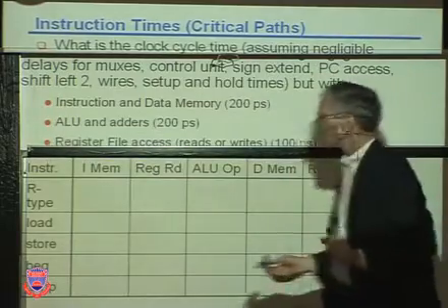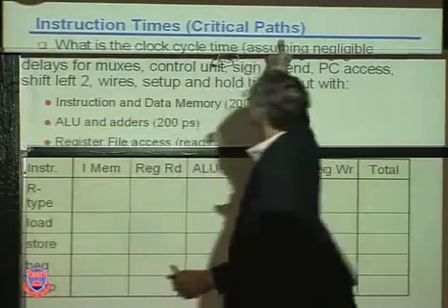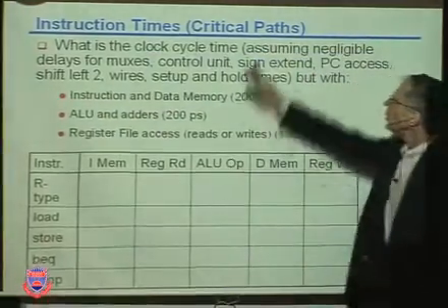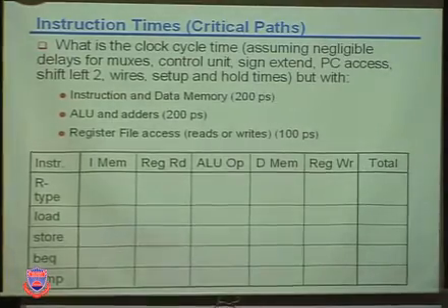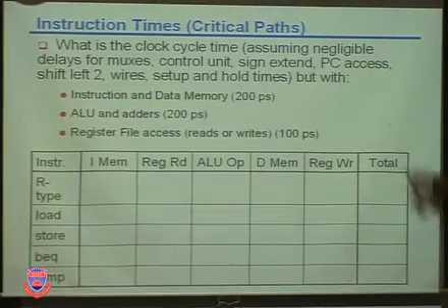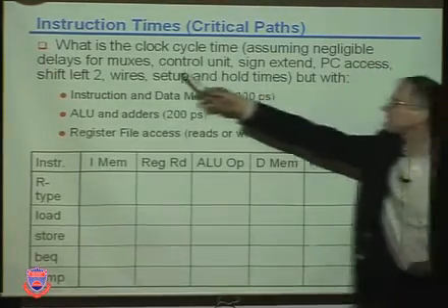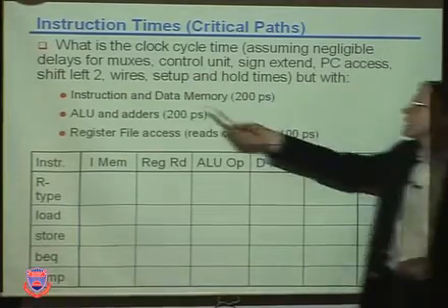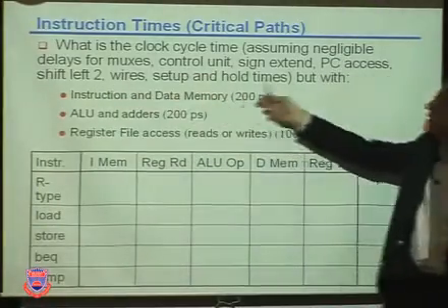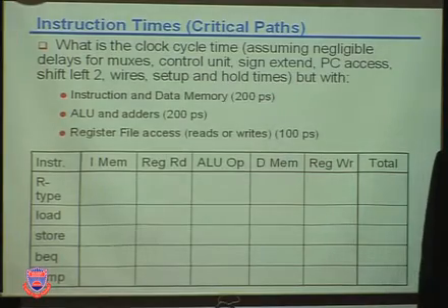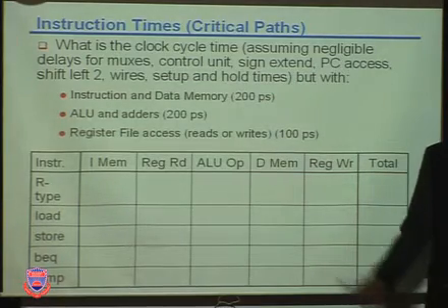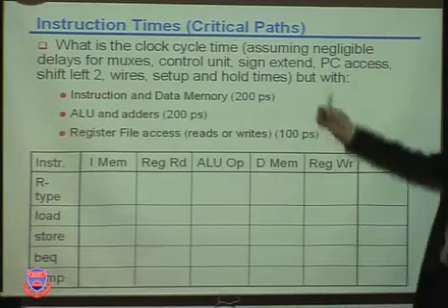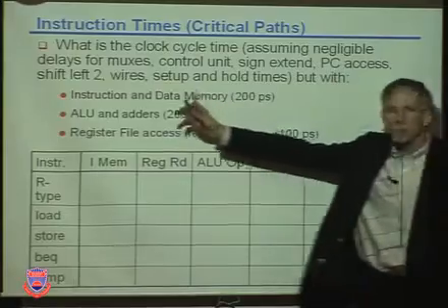Okay, there we go. All right, what this at the top says is, what's the clock cycle time? And how long will our clock be if we assume that mux delay and control unit delay and sign extender and access to the PC and shifting left and wires and setup and hold times are all negligible. Negligible means we can ignore them. But we don't assume that the memories are negligible.